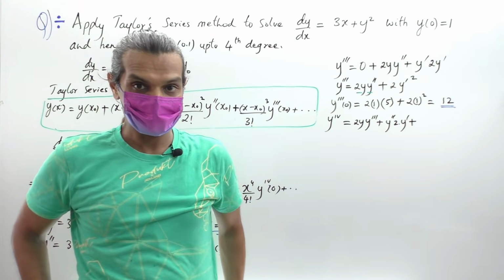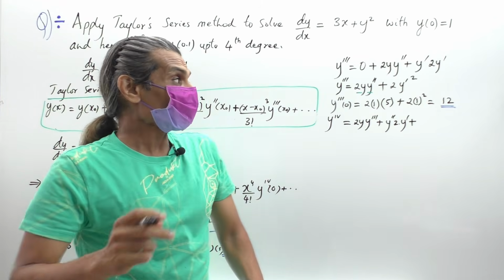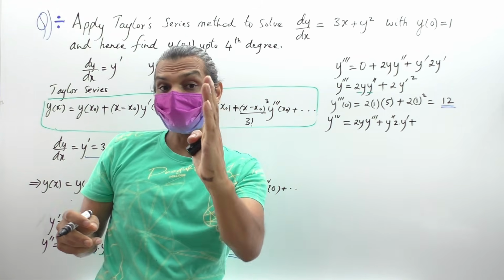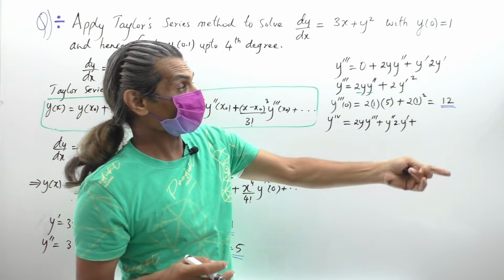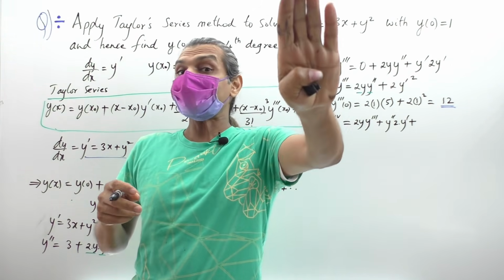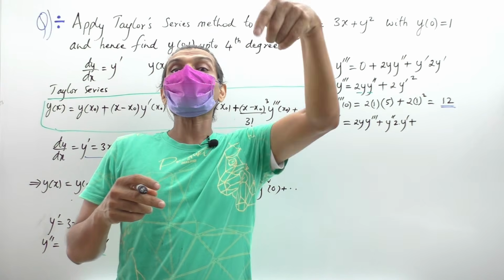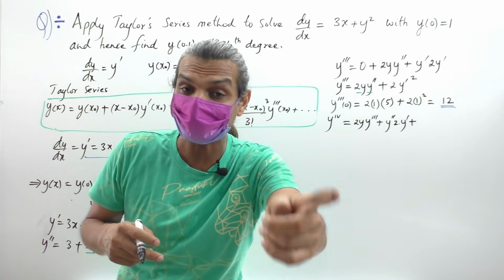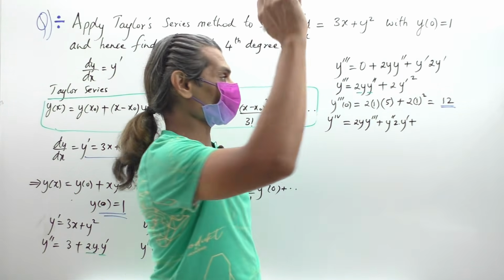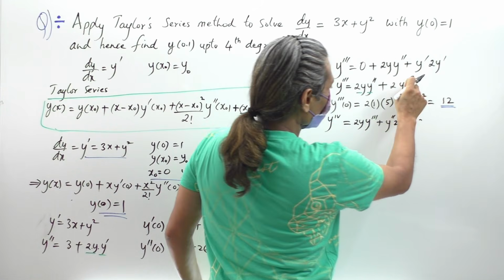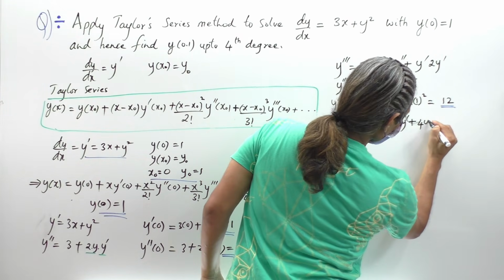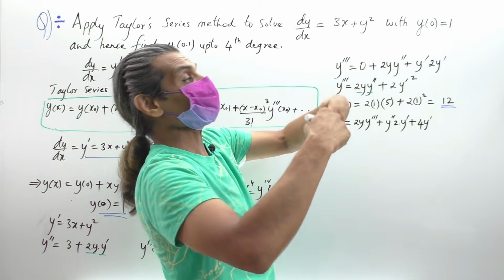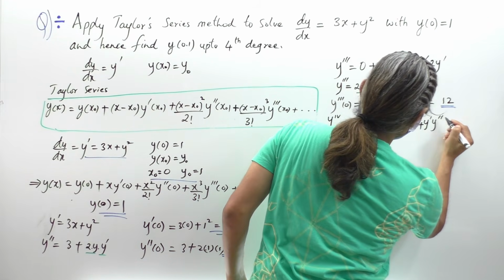See, 2 as it is. What is derivative of y dash square? Differentiation of x to the n is n x to the n minus 1. So derivative of y dash square is 2y dash into again derivative of y dash is y double dash, chain rule, that is plus 2, 2 twos are 4 into y dash, first derivative, again differentiation of y dash is what? Y double dash.